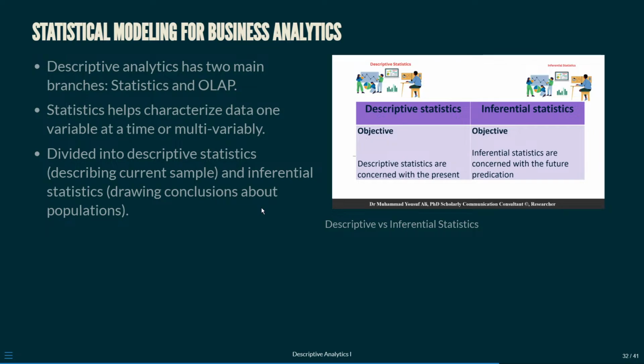Statistics helps characterize data one variable at a time or multivariably, and this is divided into descriptive statistics and inferential statistics, where we are describing the data at hand for descriptive, and we are drawing conclusions about something, or in this case, populations, for inferential statistics.